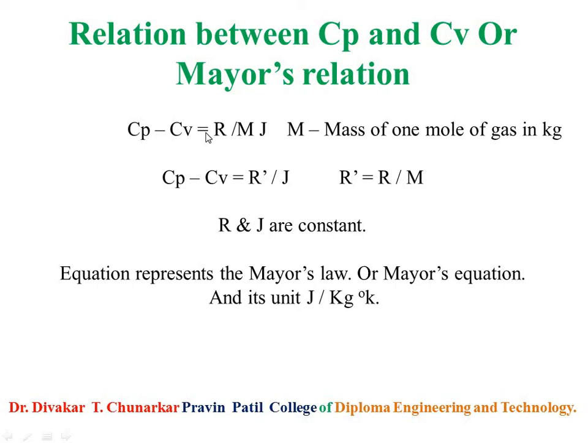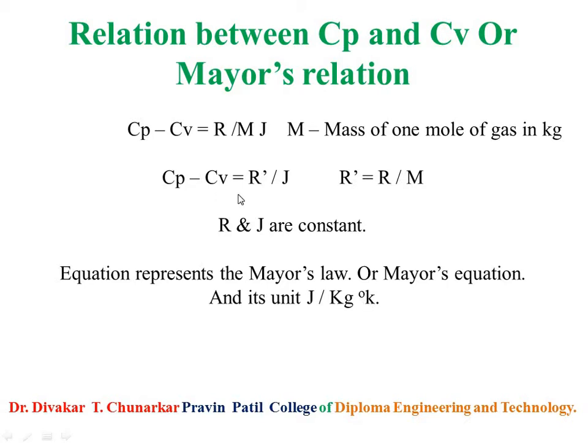But here 1 kg of gas is considered, so Cp minus Cv equals R dash upon J, where R dash equals R upon M. R and J are constants. R is the universal gas constant and M is the molecular mass. Its unit is joule per kg degree Kelvin.